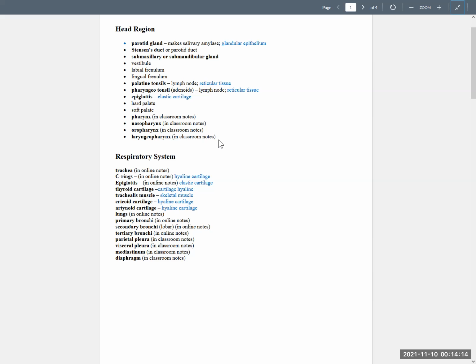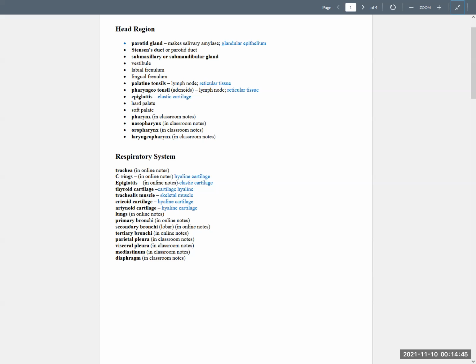I don't have inserts here for the remaining ones on the sheet. That's okay. I'm primarily hitting the ones that you're going to get asked and that you really need to know. You also just need to know what all these organs are. You need to be able to identify them. In the respiratory system, which we covered, you need to know these structures. We talked about all the structures. That's great. We're getting some rehash here. But the C rings are made up of hyaline cartilage.